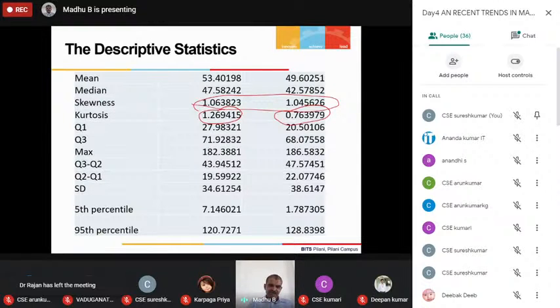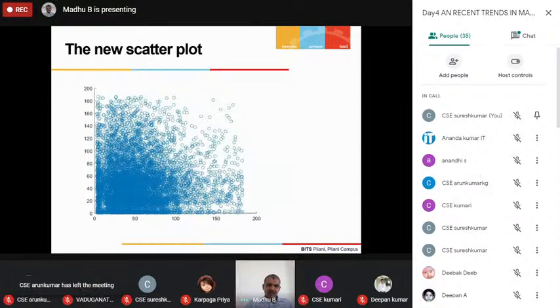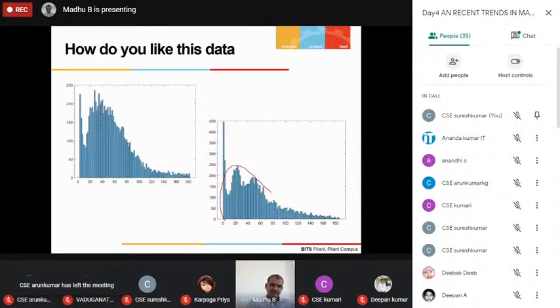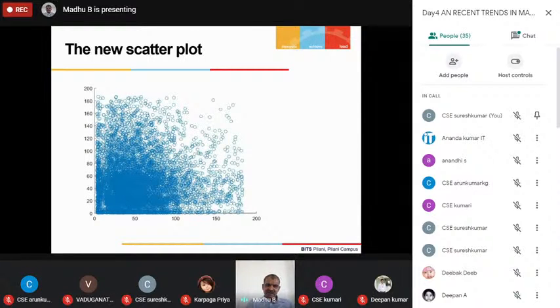I am showing the 5th percentile now as 1.78 instead of 0.67. My 95th percentile has also come down. So what I'm getting is a very beautiful normal distribution, where the skewness is not there. Now I'm seeing it here and validating it.